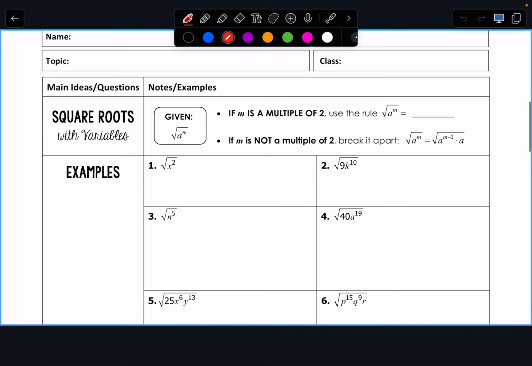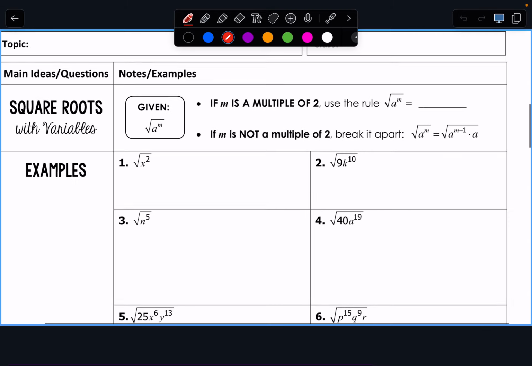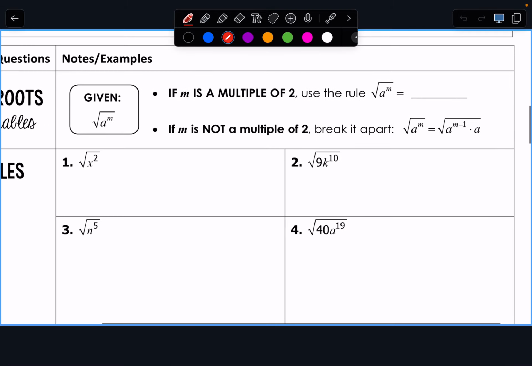Okay. So now on page 4, we're going to talk about what happens if we have a variable underneath the radical. So we've talked about if we have numbers underneath the radical. What if we have a variable underneath the radical?